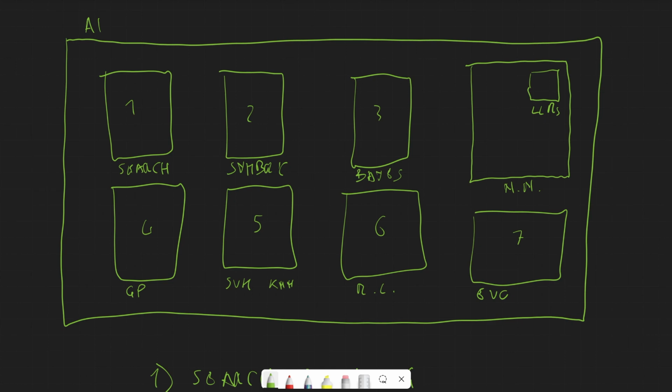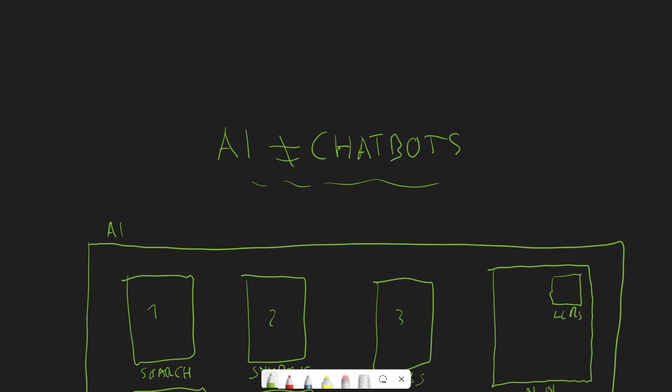We didn't have time to talk about many other things like multi-agent systems, robotics, computer vision, speech, human-AI interaction. We have a bunch of other boxes that are inside the AI box, or they are intersecting the AI box, that would be very interesting to talk about. Of course, the whole sense of this conversation is that AI is not chatbots. Okay, this is the beginning and conclusion of this video.